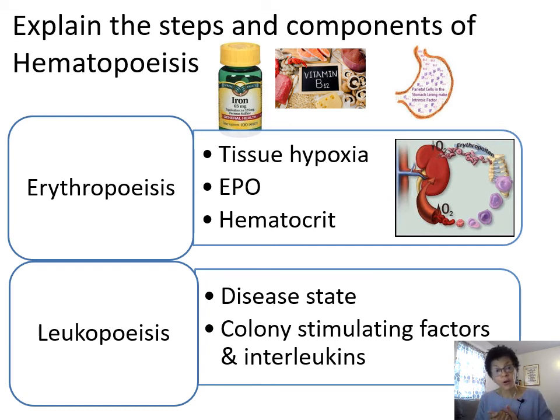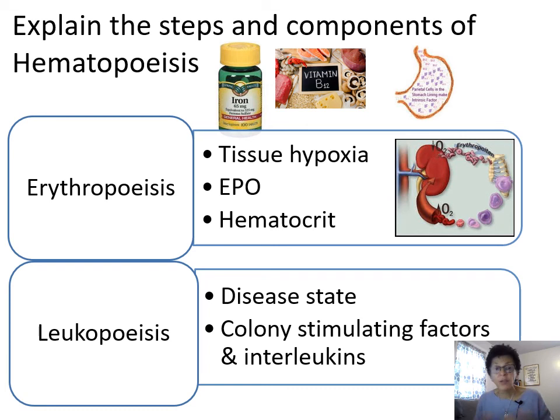The trigger in this homeostatic loop is tissue hypoxia. The efferent pathway is erythropoietin. The target is going to be the hemocytoblast in your red bone marrow, and the end result of that is a rise in hematocrit. Also familiarize yourself with the fact that this is a negative feedback loop and what that means.